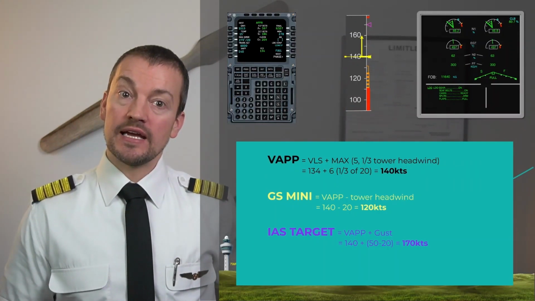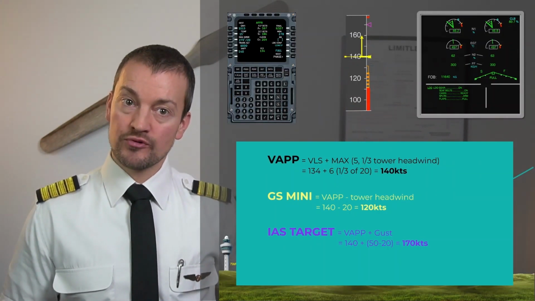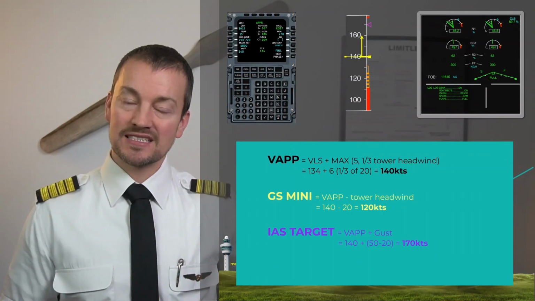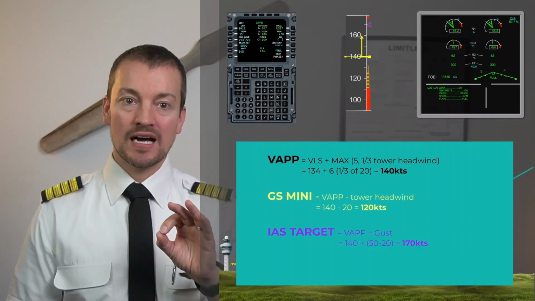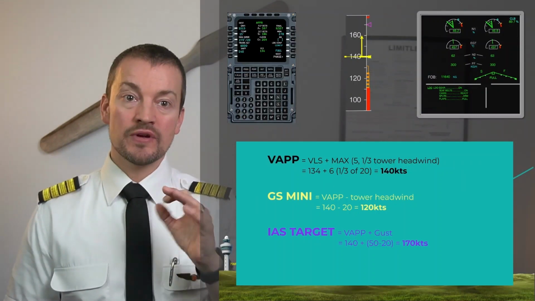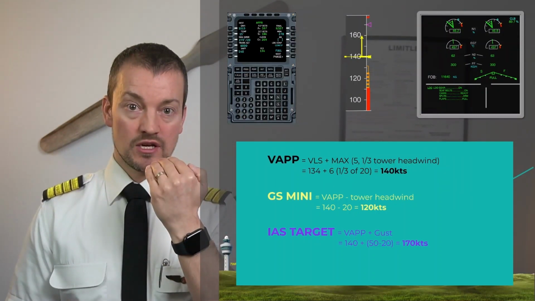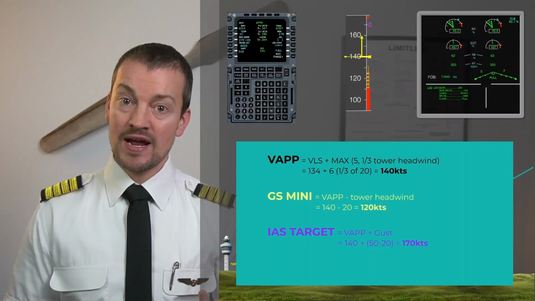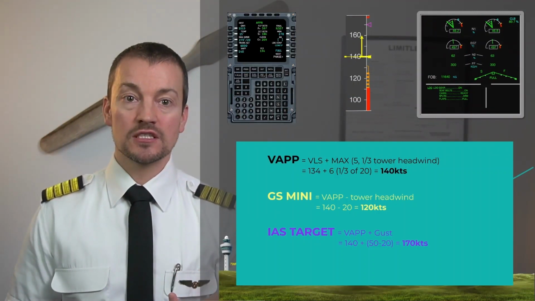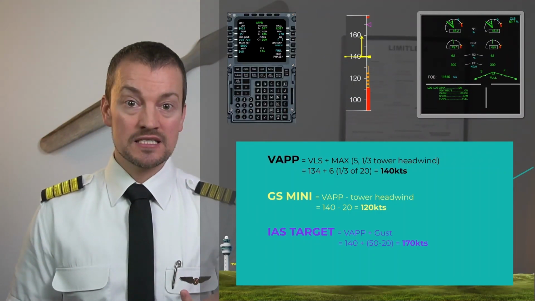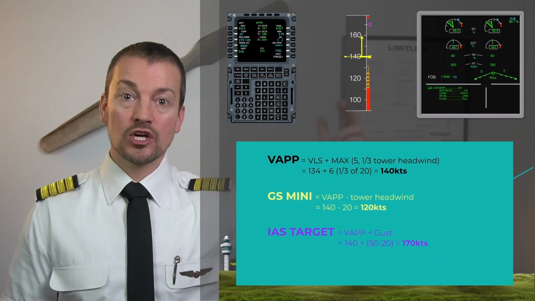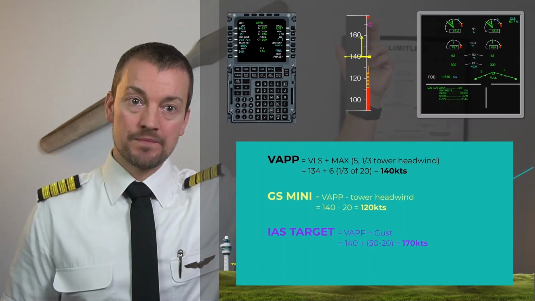It's because it's using the V approach 140 plus the gust. And right now the aircraft is experiencing a gust established by the ADIRS of 50 knots. And it's able to tell the system that this is a gust, go ahead and increase the target.